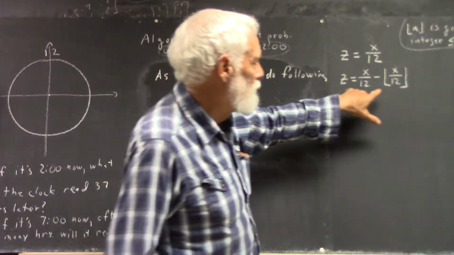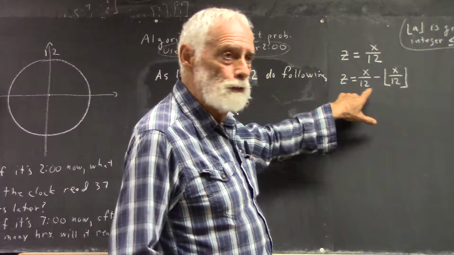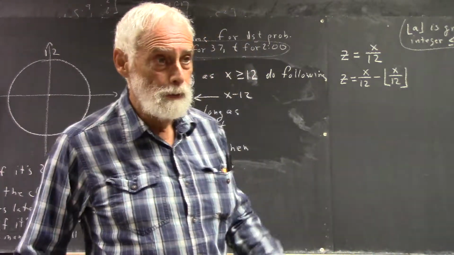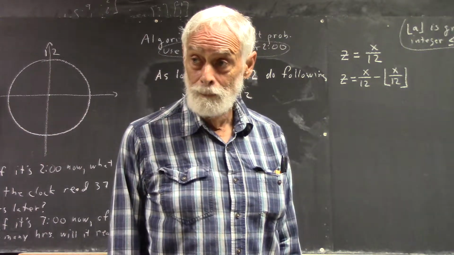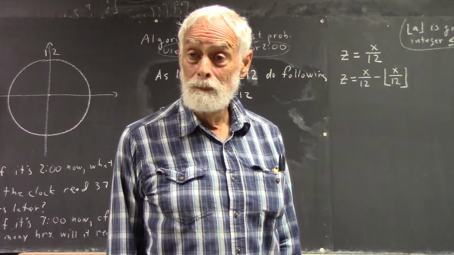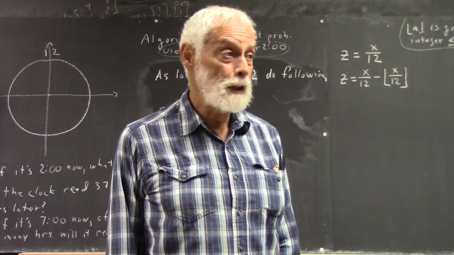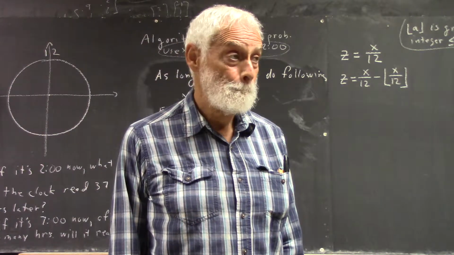So now when I say we subtract the floor of x over 12 from x over 12, what if x over 12 comes up 1.7? What do we get? What's the floor? Floor of 1.7 is 1. Subtract that from 1.7, you get 0.7.